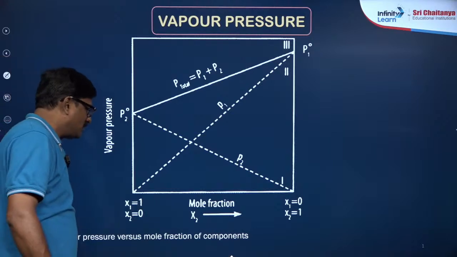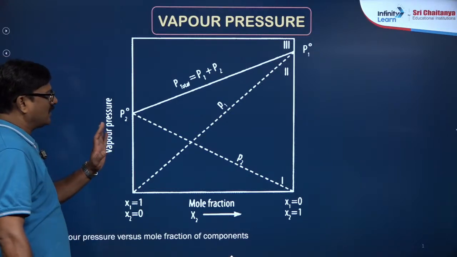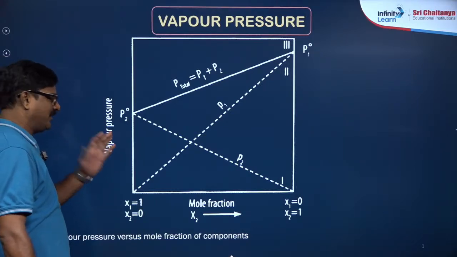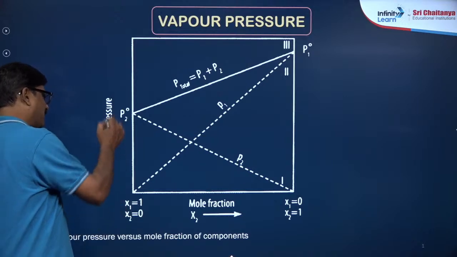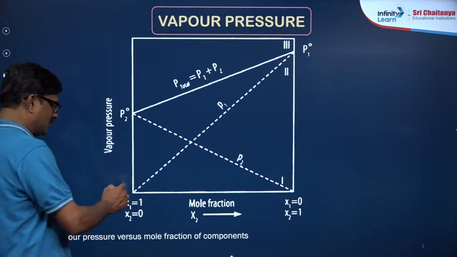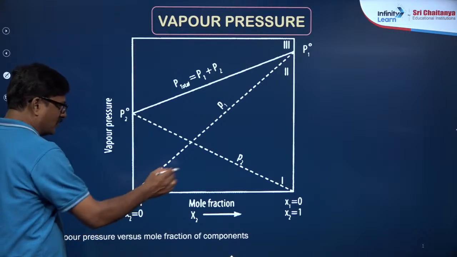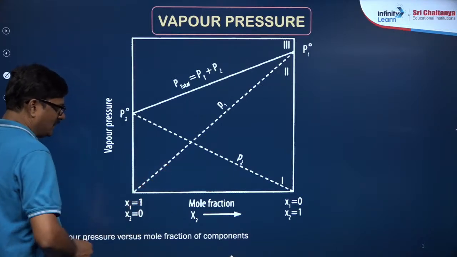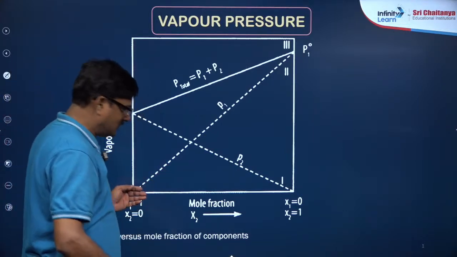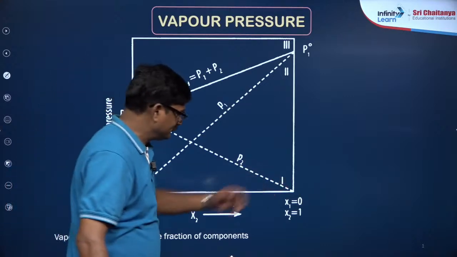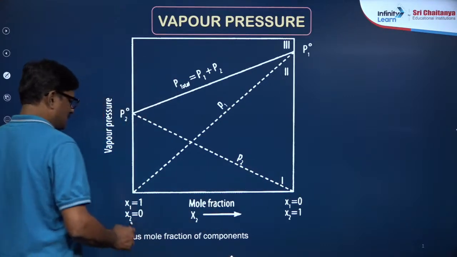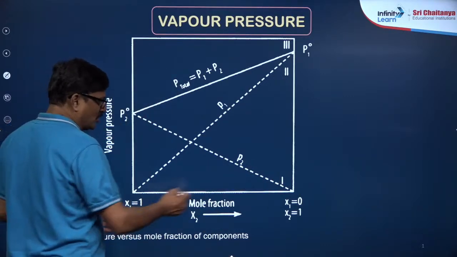Let us talk about P1 and P2, or PA and PB. This is the vapor pressure and this is the mole fraction. So the mole fraction of A and the mole fraction of B. Mole fraction of A goes from 1 to 0, so the mole fraction of B goes from 0 to 1.